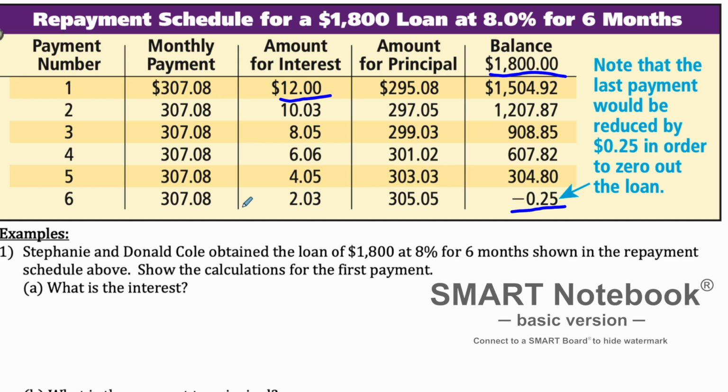So the final payment, instead of being 307.08, would actually be $306.83. That's what banks do when they figure out your final payment: they figure out how much you will overpay, and then they subtract that off the amount.